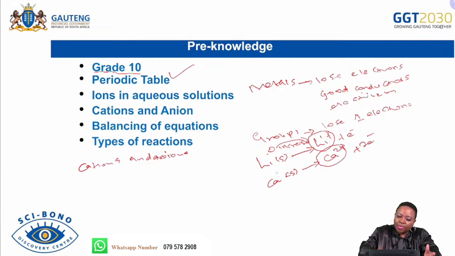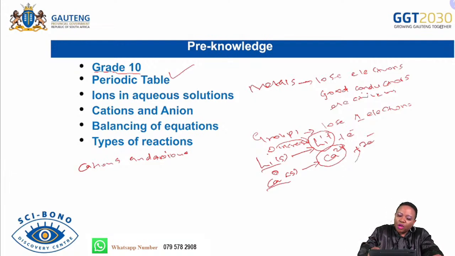Even in calcium, it started being 0 and then it went to 2+. So immediately when it becomes an ion, its oxidation number changes. And we look at whether the oxidation number changes in terms of decreasing or increasing. But you can see that the more a substance loses an electron, its oxidation number increases.